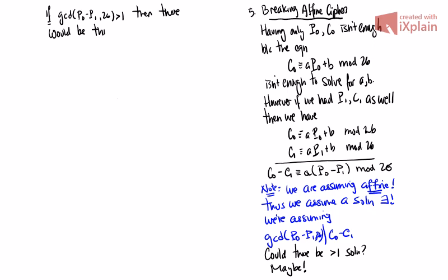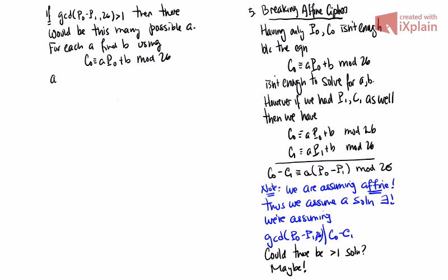There would be that many possible A. So what we would need to do is, for each A, find B, using, for example, C0 is congruent to A P0 plus B mod 26, and try decrypting.